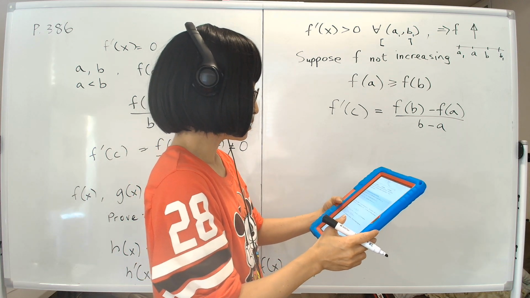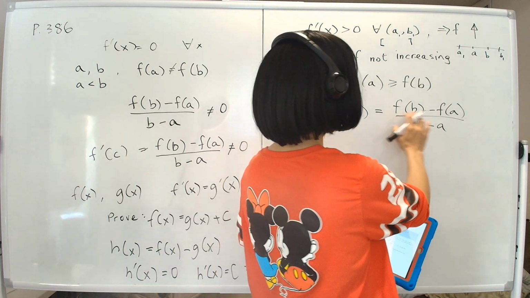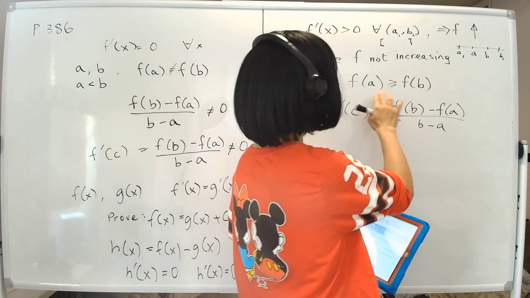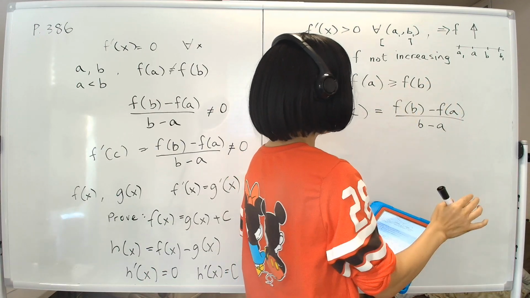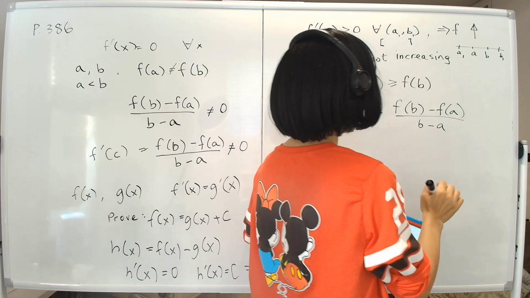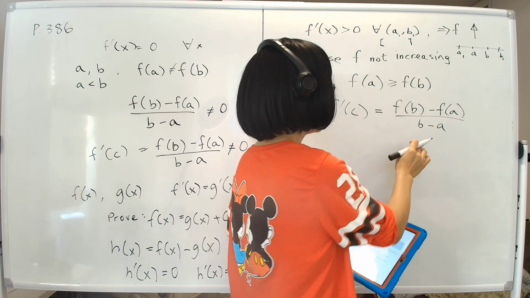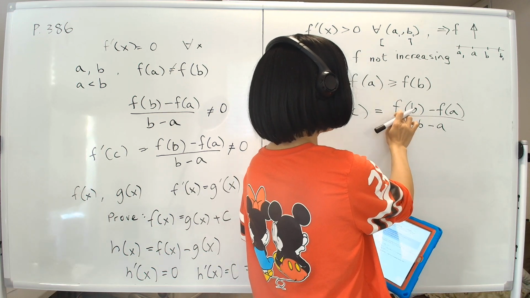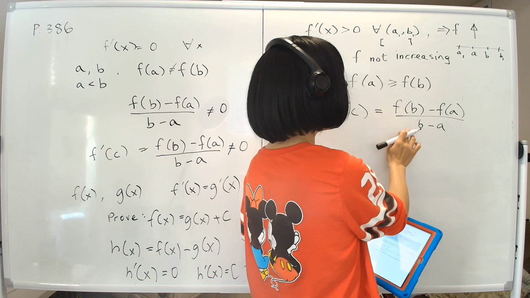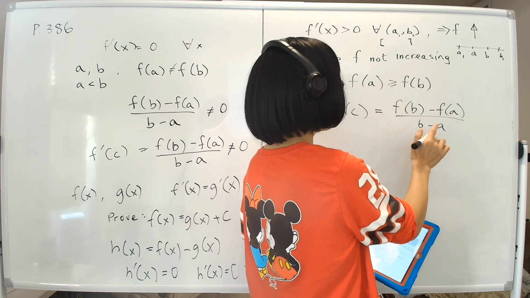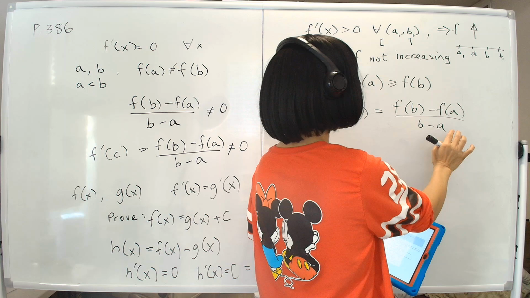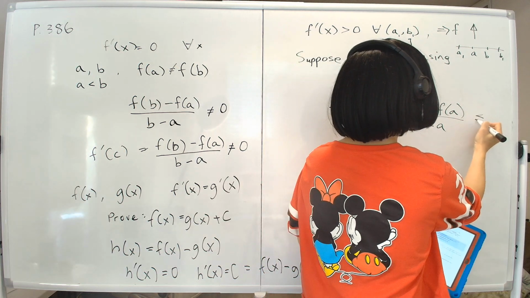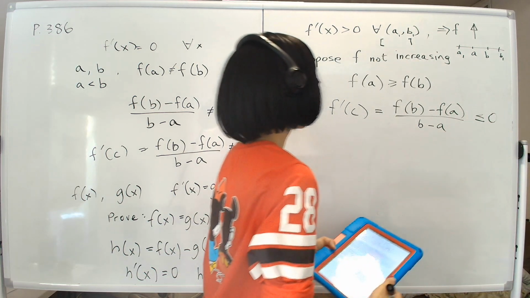So now let's look at this thing. Being that f of a is bigger than or equal to f of b, the denominator b minus a is positive, while the numerator f of b minus f of a is negative or 0. So then this whole thing is going to be less than or equal to 0.